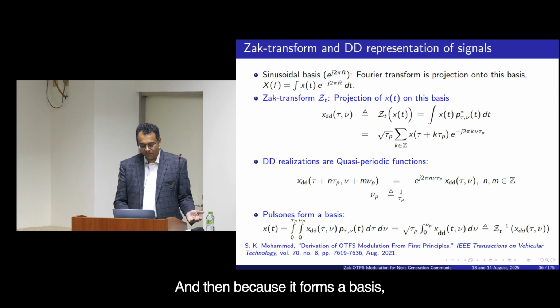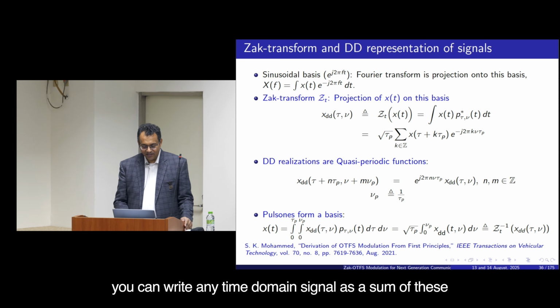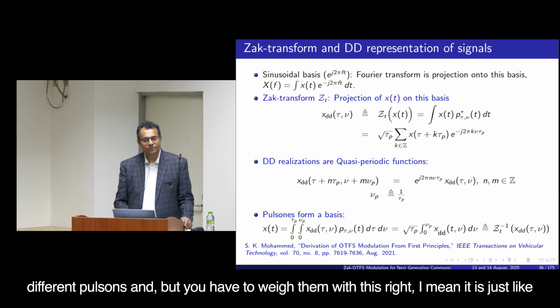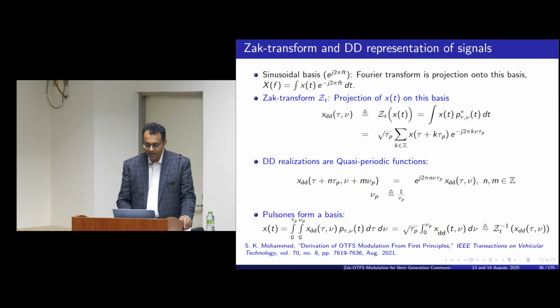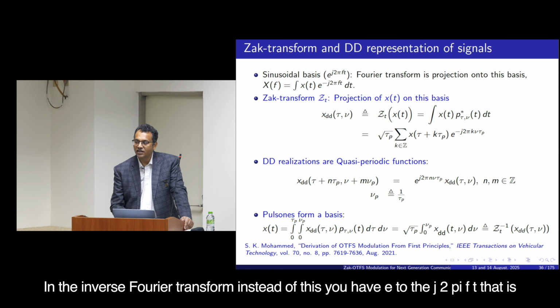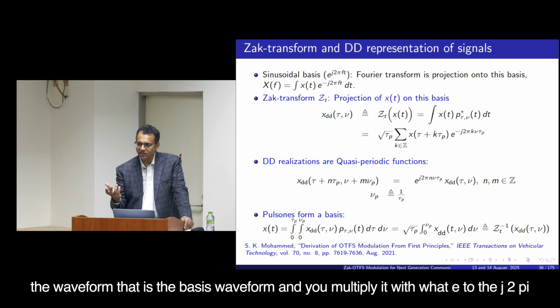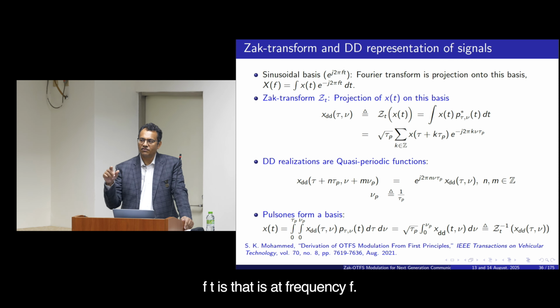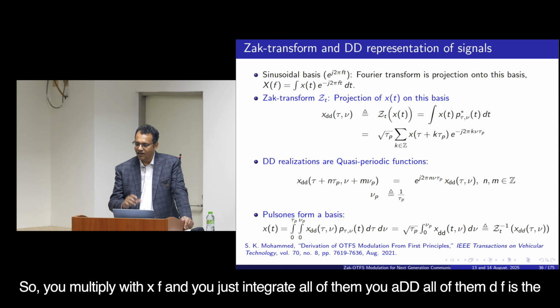And then because it forms a basis, you can write any time domain signal as a sum of these different pulsons, but you have to weigh them with this. It is just like your inverse Fourier transform. In the inverse Fourier transform, instead of this you have e to the j 2 pi f t, that is the basis waveform, and you multiply it with what? e to the j 2 pi f t is at frequency f, so you multiply with xf and you integrate all of them, you add all of them, df.